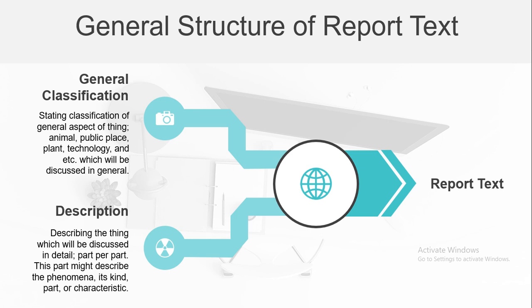But in descriptive text, the description is more on the opinion. For example, when we are going to make a descriptive text about my phone, then in the description parts you can say that I really love my phone, the color is black and it's quite expensive, for example.